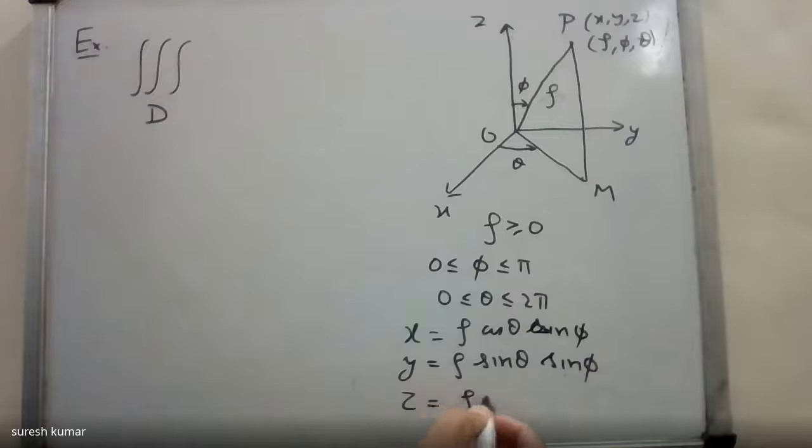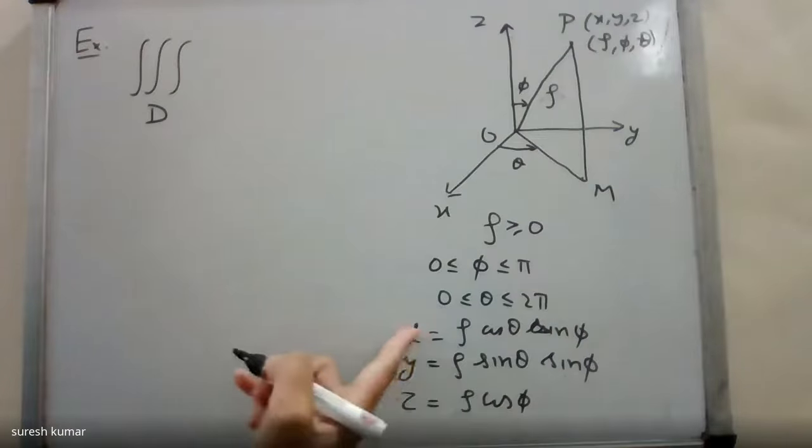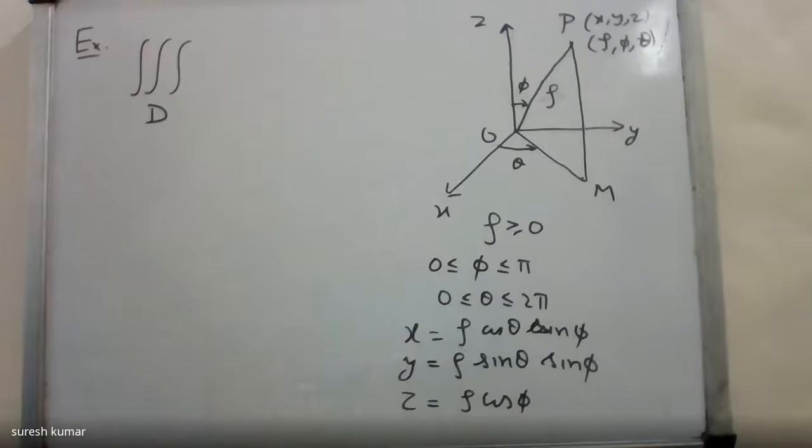And z is rho cos phi. You know when phi is pi by 2, you are in the xy plane. So z becomes 0 and these are left as the standard relations between the xy plane and polar coordinates of each point in the xy plane. So hope you recall these transformations as spherical coordinates.